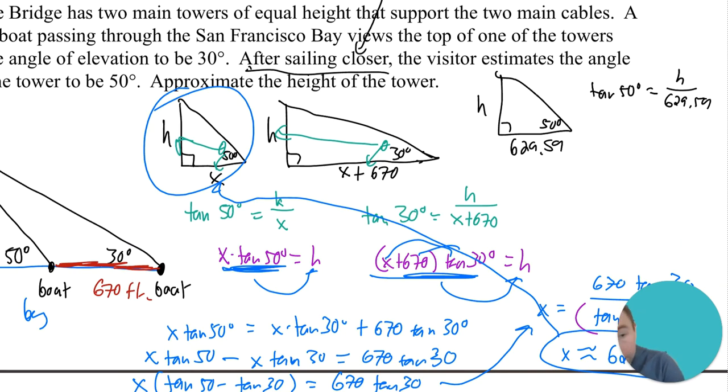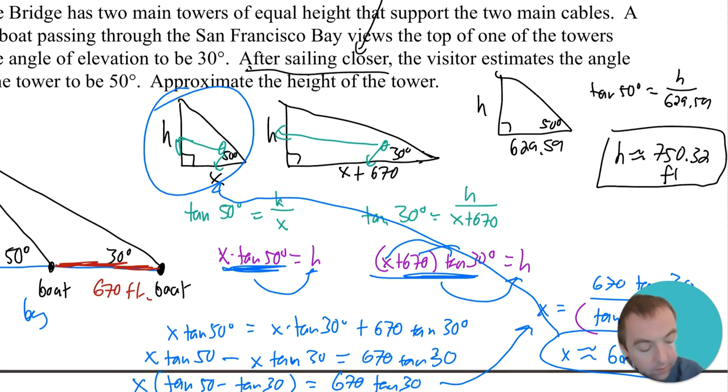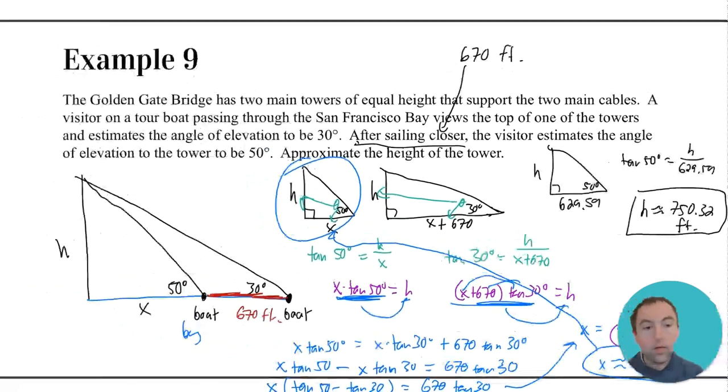So that's just going to multiply with the tangent of 50, of course. So it gives you that h is about 750.32, almost exactly. And so that right there would be the height of the Golden Gate Bridge rising from the San Francisco Bay.